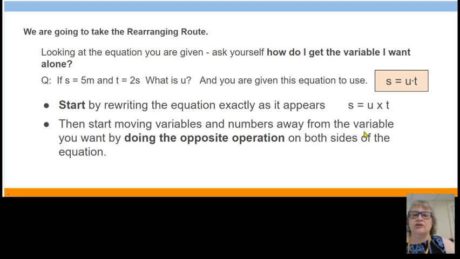Then start moving variables and numbers away from the variable that you want by doing the opposite operation on both sides of the equation. So what that means is I want u by itself. Right now, u is times t. The opposite of times or multiplication is division. So I'm going to divide by t on both sides.